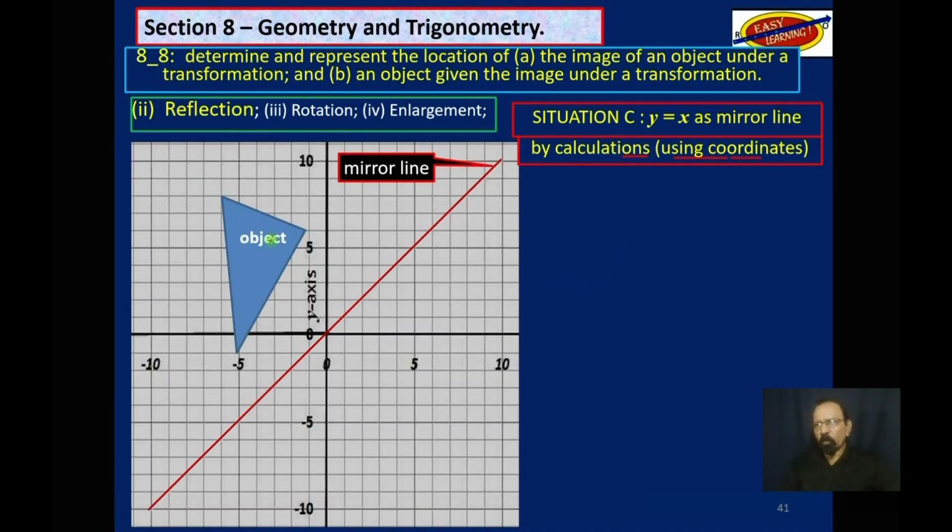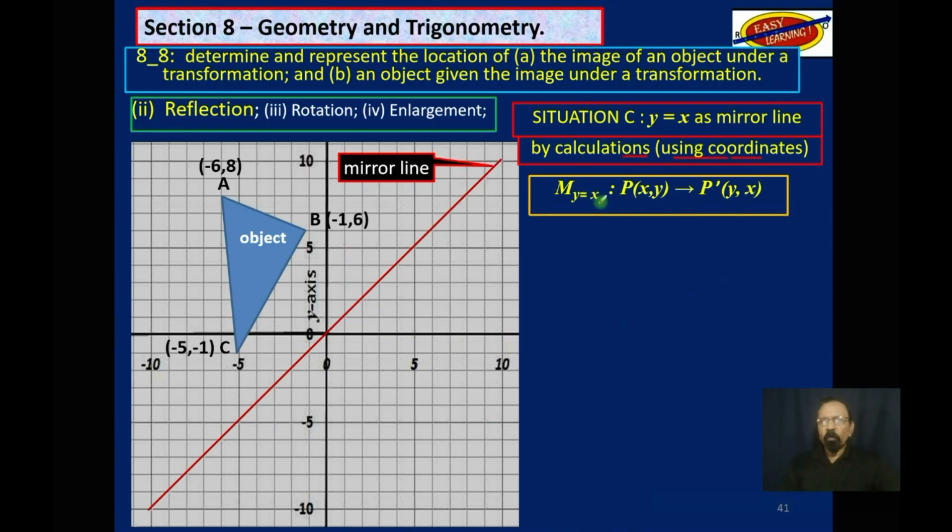If we put in some coordinates here, what formula will we use? Well, when y is equal to x as the mirror line, then points on the object will map onto points of the image as (y, x). You switch around the elements of each coordinate. So this negative 6, 8 would become 8, negative 6.